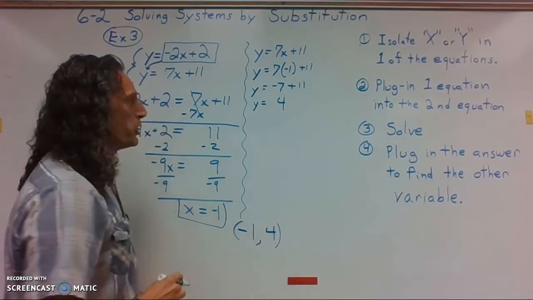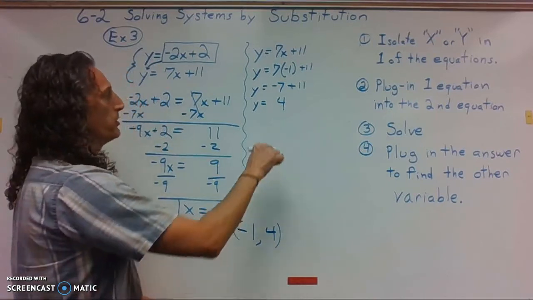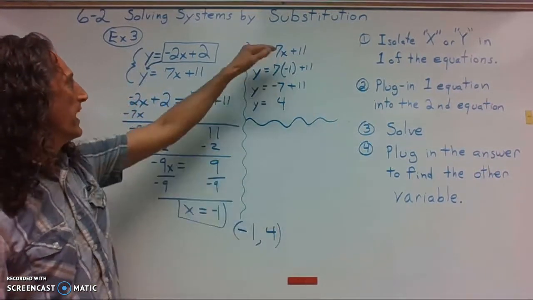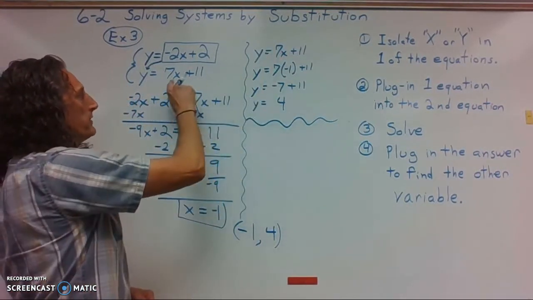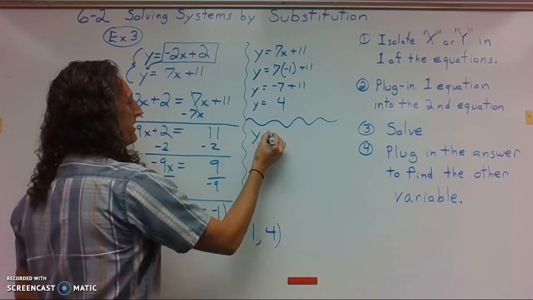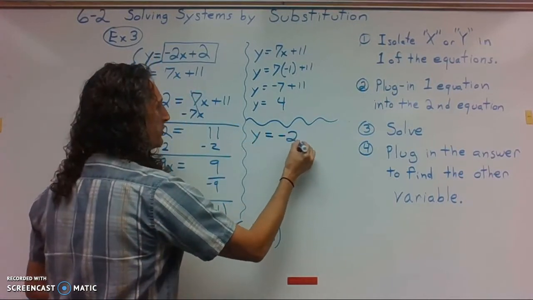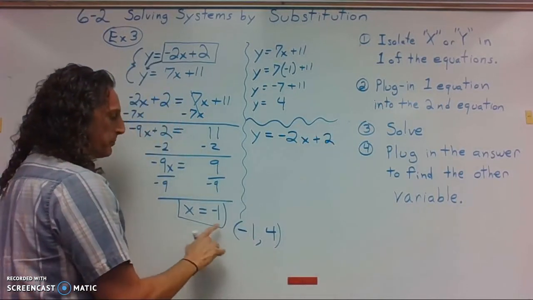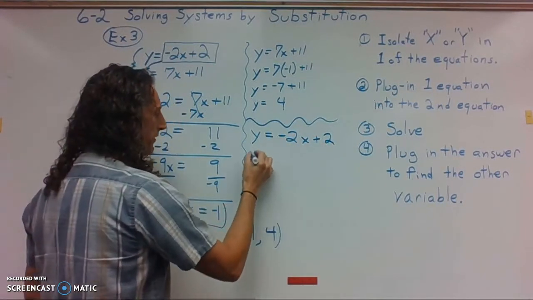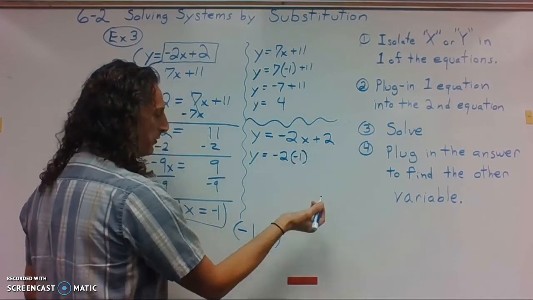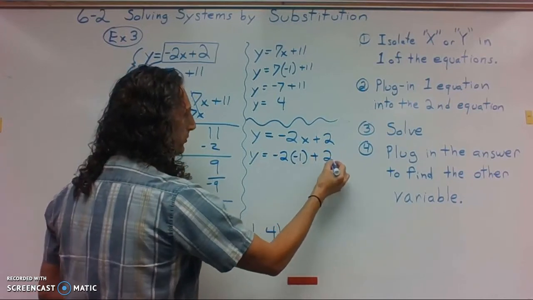But just for practice, I do want to show you that we could have substituted it in for the other equation. So I substituted it in for the second one, but let's put it back in the first one. So y equals negative 2x plus 2. But let's put that negative 1 there. So we have y equals negative 2 times negative 1 plus 2.